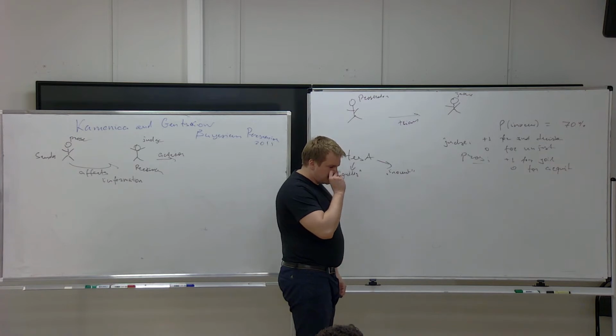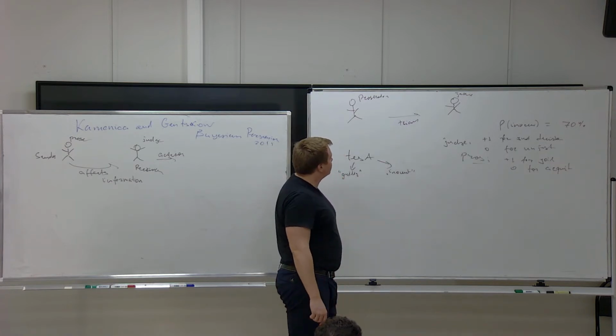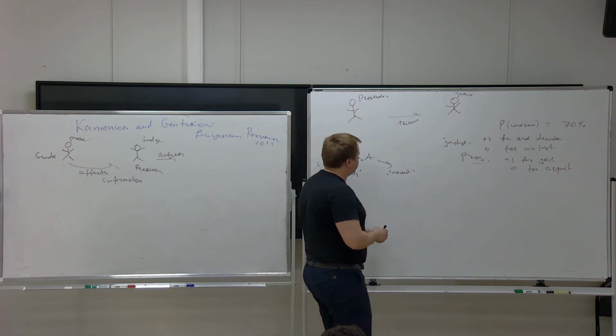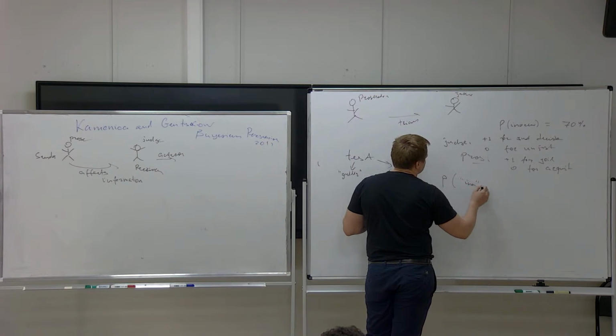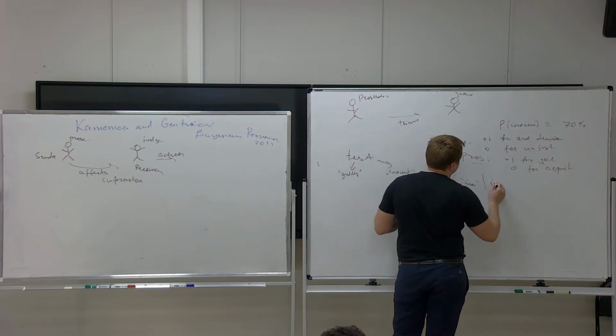Now what both prosecutor and judge know is the probability of the result being innocent, conditional on truly innocent.